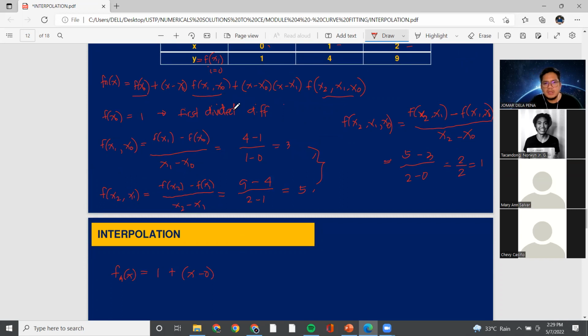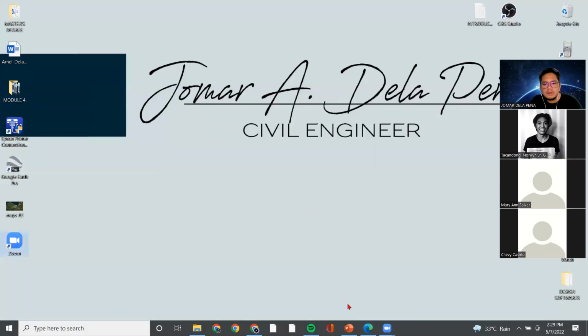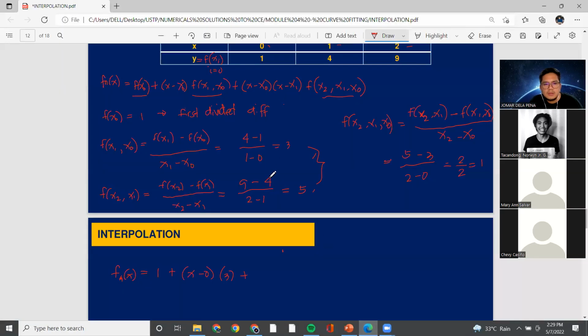Then the function of x sub 1 and x sub 0 times 3 plus next is x minus x sub 0, which is 0, then times x minus x sub 1, which is 1, times the function of x sub 2, x sub 1, and x sub 0, which is 1.